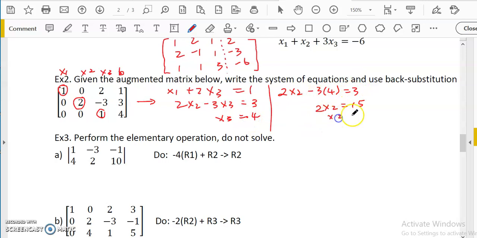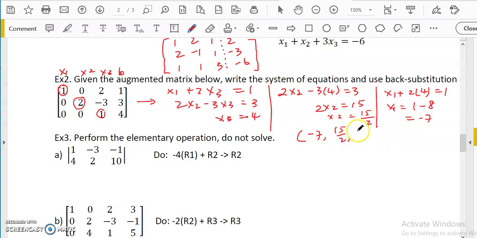Right, so x2 is equal to, gosh, a fraction. x2 is 15 over 2, and then you can plug it in to x1, right? So x1 plus 2 times 4 is equal to 1. So x1 is equal to 1 minus 8 equal to -7. So the answer would be x1 is -7, x2 is 15 over 2, x3 is 4.